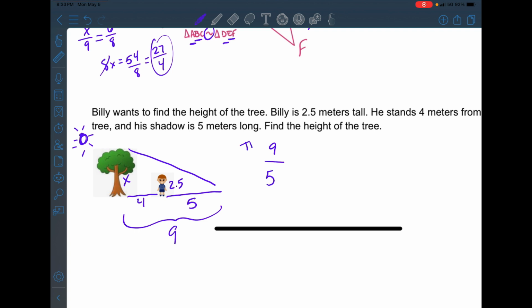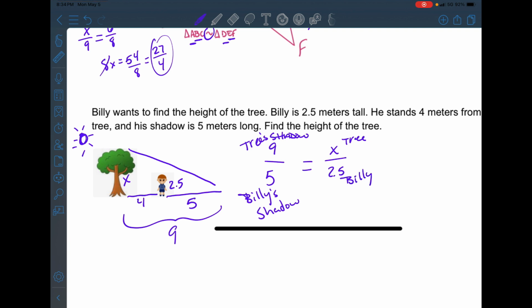In fact, if you want to write this down, and then we're going to use the tree on top on the next one. So X is the tree over 2.5, and that is Billy.